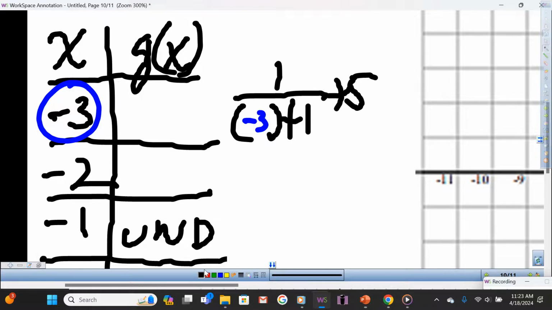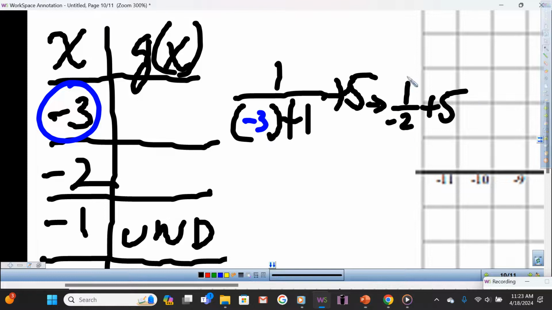Help me out with this computation, Danny. What is -3 + 1? -2. Okay. So this becomes -2 on the denominator, 1 on the numerator, and at the end +5.